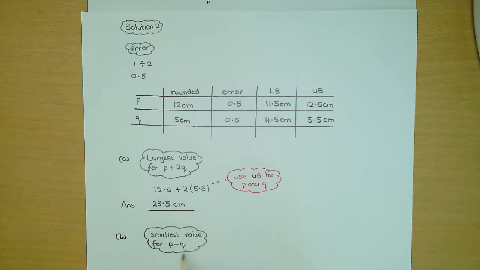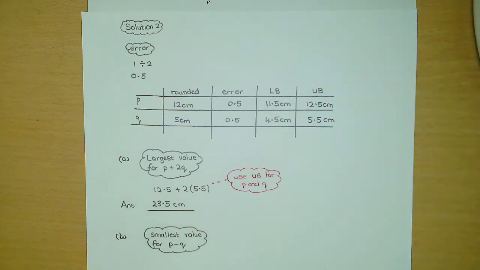We want to make P minus Q as small as possible. So in order to do that, you want to make P small. You want to make the value of P its lower bound. And then you want to subtract the upper bound for Q, because you want to start with a very small value and subtract a big value from it to make it small overall.